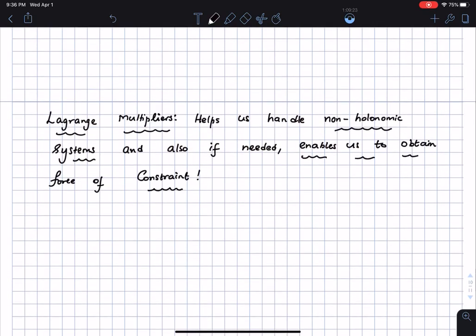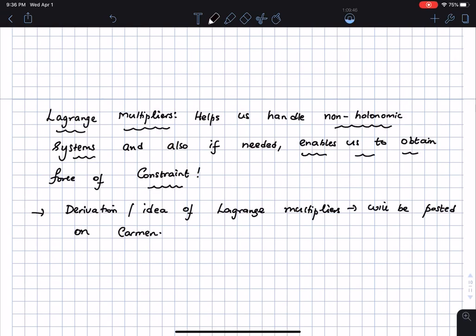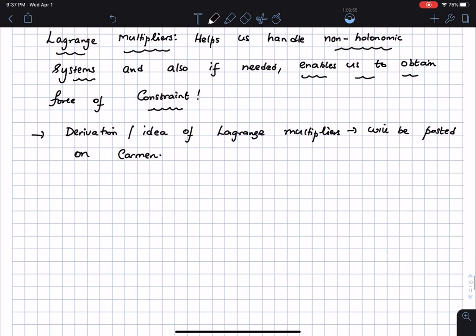I'll be posting the derivation, or the idea of Lagrange multipliers, on Carmen. We just want to make use of Lagrange multipliers as a tool for solving problems.